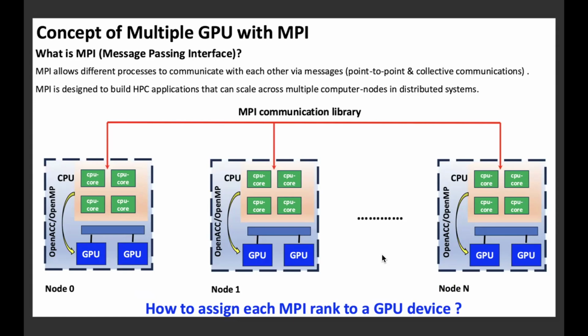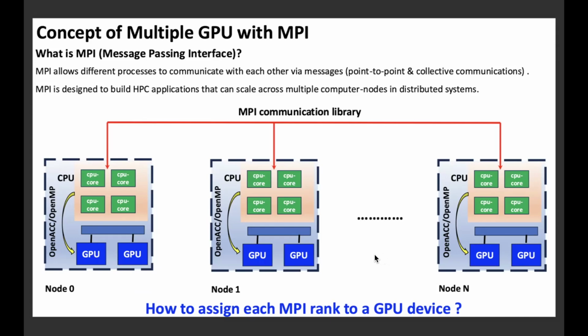It allows communication between different processes that are distributed in a system, such that different processes can communicate with each other via messages, either in a point-to-point communication, which means that process one will send a message to process two, and process two will receive that message, and they will exchange data, or a collective communication, which involves a group of processes where you can broadcast data across multiple processes, or gather data, or even perform reduction of data.